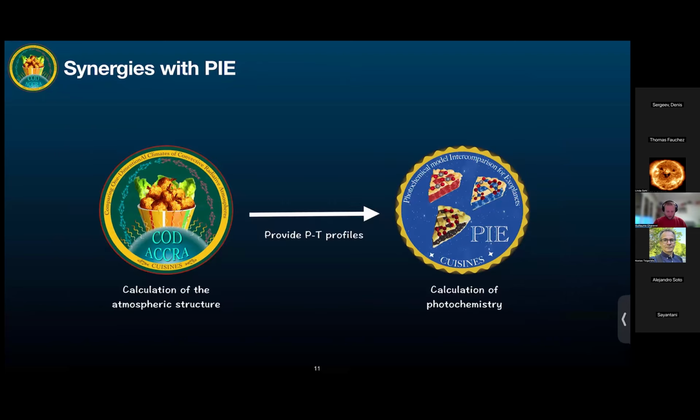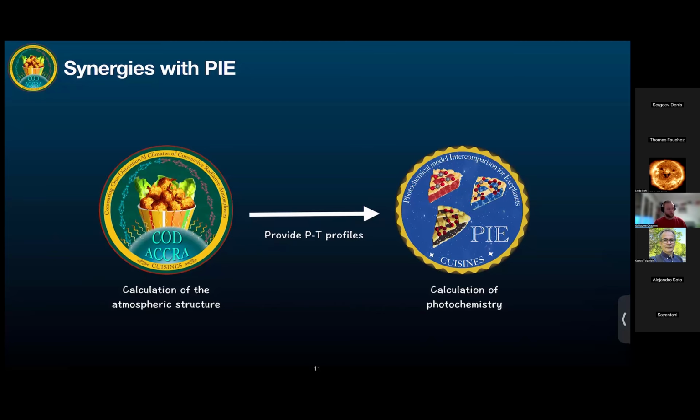Okay, and we talked about synergies during the introduction, and Kostas talked about that as well. So we started a discussion with the people from Pi, and we discussed this a few times over the past weeks.